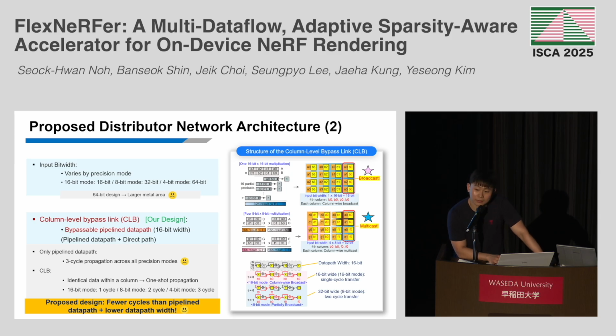In high precision mode, like 8-bit or 16-bit, each column in the bit-scalable MAC unit receives data through broadcast or multicast. So to avoid unnecessary delay in those cases, we added a non-pipelined bypass path as shown in the figure. This allows data to be forwarded directly when needed.